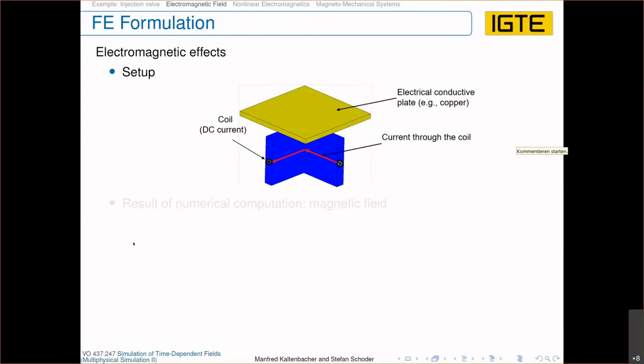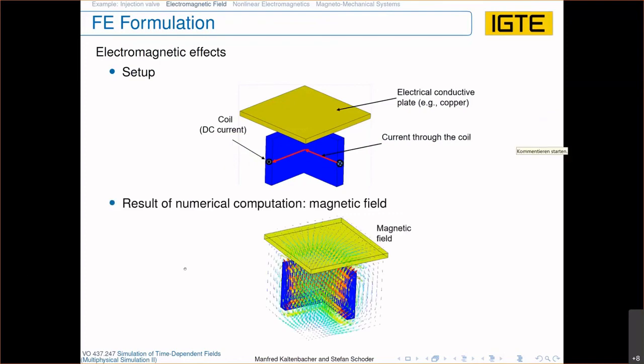Well, if you do this, the result will be as follows. Since the copper we have here has a magnetic permeability which is more or less the same as air, you will have a solution which you would also get when you do not consider this electrically conductive copper plate.